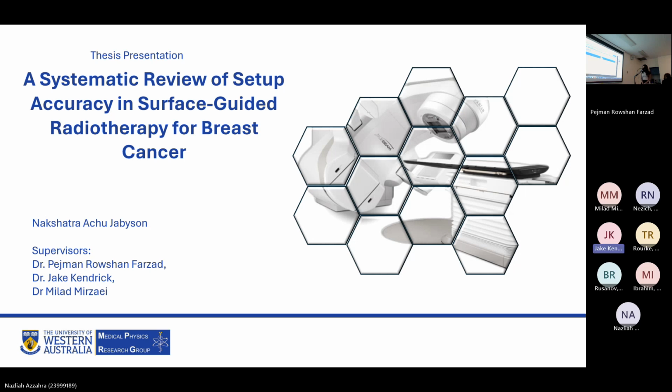Uncertainties in radiotherapy can be of 2 types. It can either be geometric or dosimetric. Geometric uncertainties arise when there's a difference between the planned position and the actual patient position. Dosimetric uncertainties can arise due to the difference in planned dose and the delivered dose.